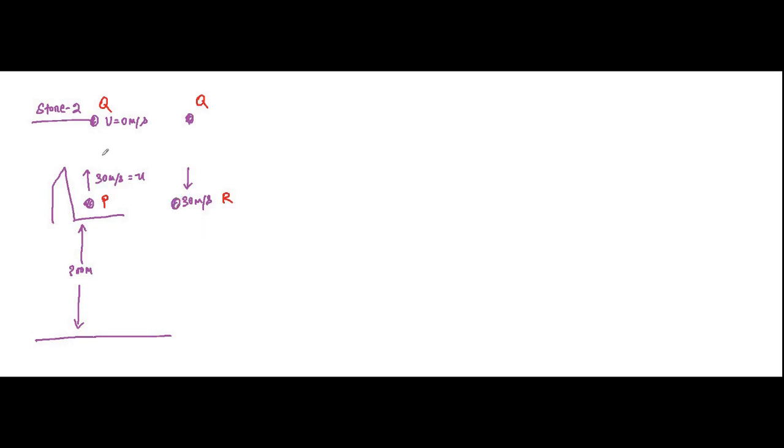Now we have to find how much time it takes from P to Q. So that will be v = u + at. Again here g is acting downwards, motion of the ball is upwards, so in this case it will be negative.